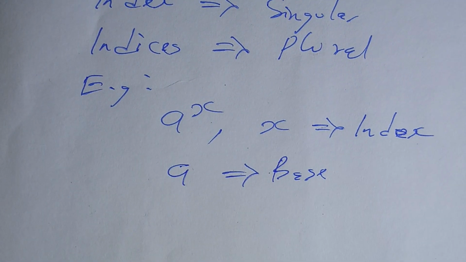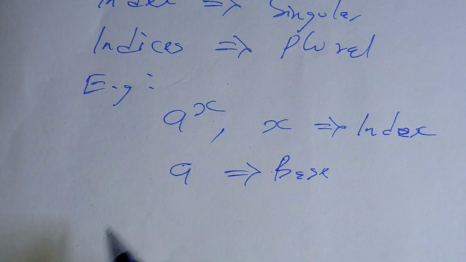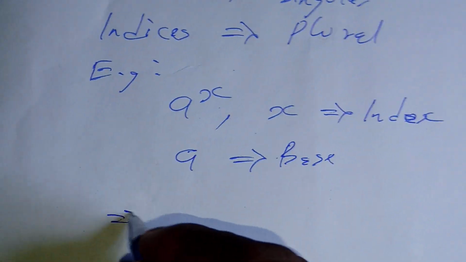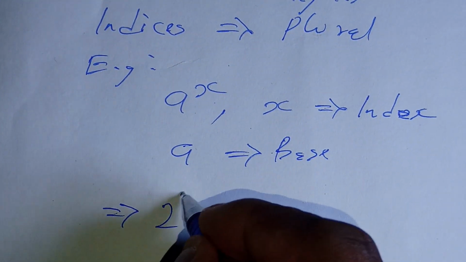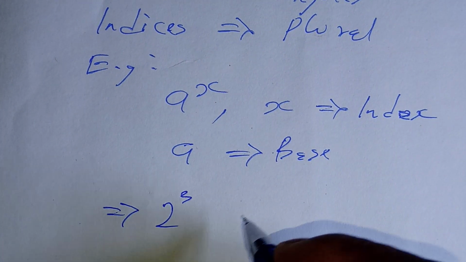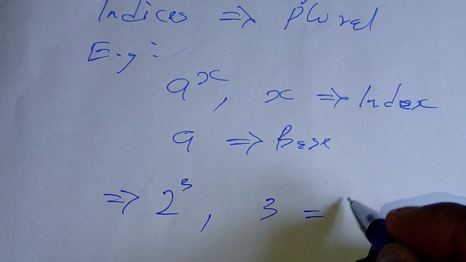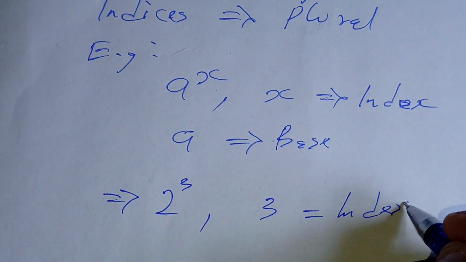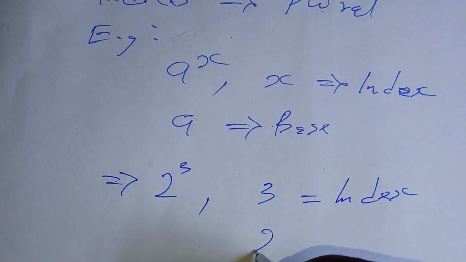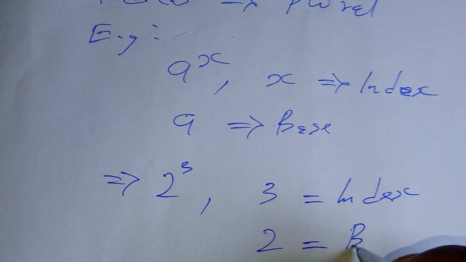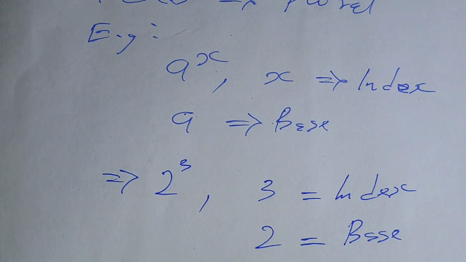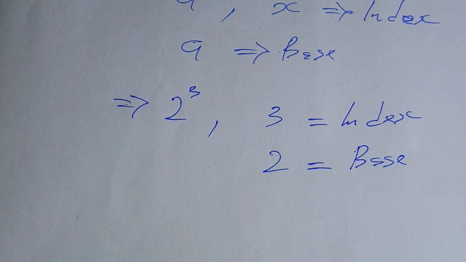So having understood this, let's take an example. If I say 2 raised to power 3, then it means 3 is the index, while 2 is the base. That's what it means.